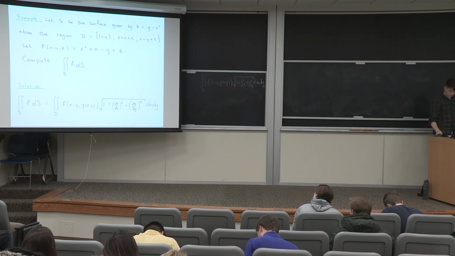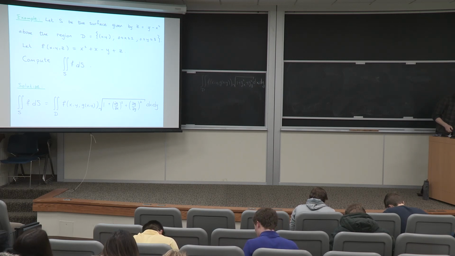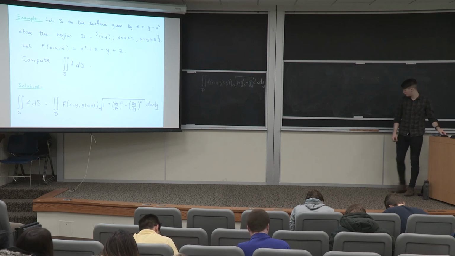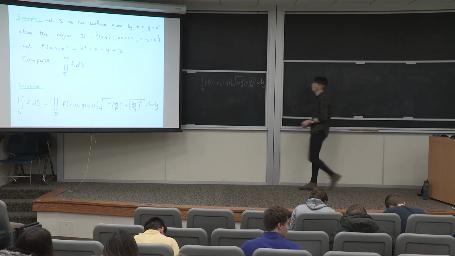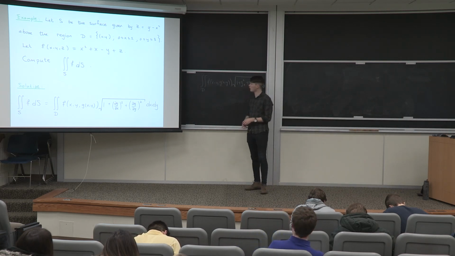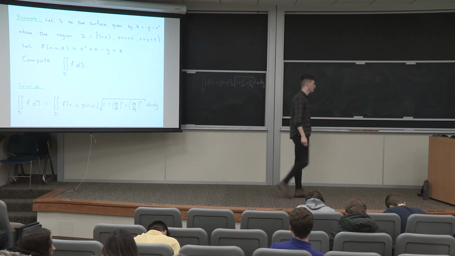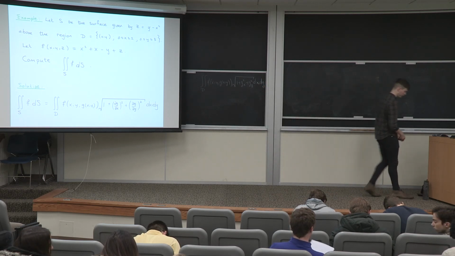So how do you integrate that? You can use u-substitution because you have the 4x squared and then you get the x's outside.